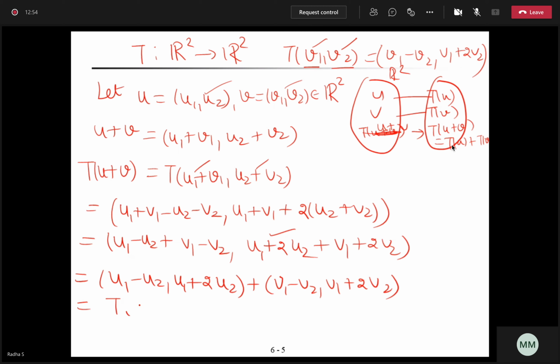Transformation of? U. That is u, correct. And this is transformation of (v1, v2). So this is T of u and this is T of v. So T of u plus v is T of u plus T of v. Is this clear?